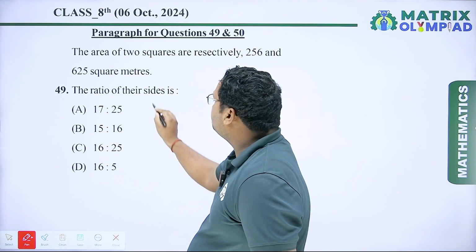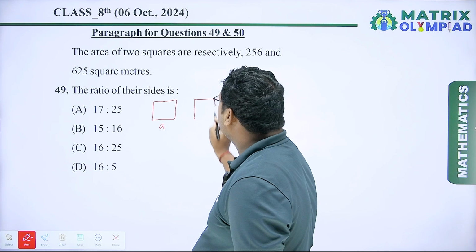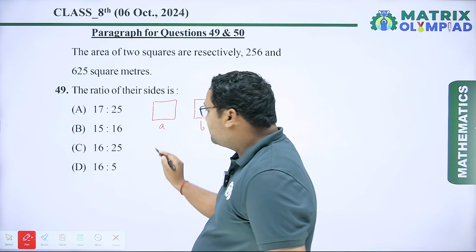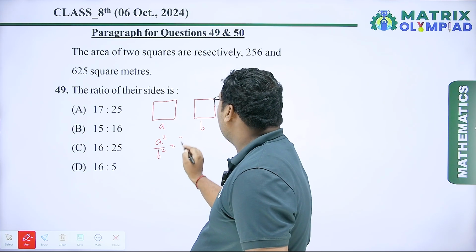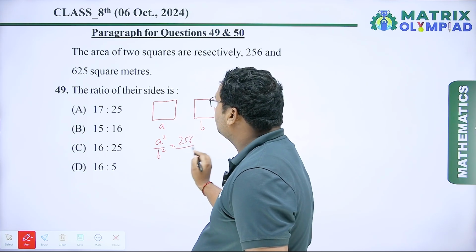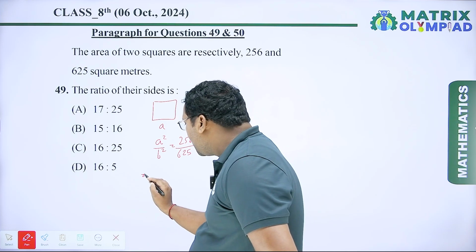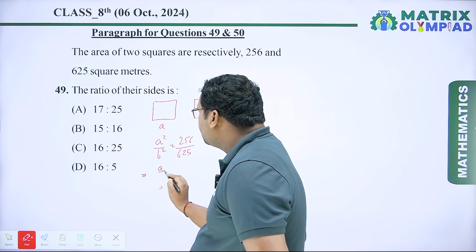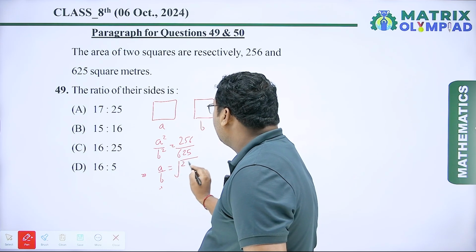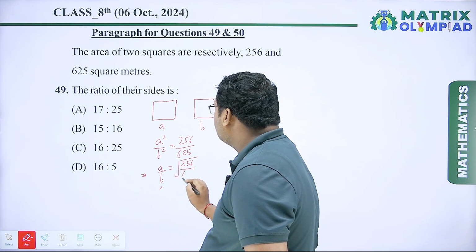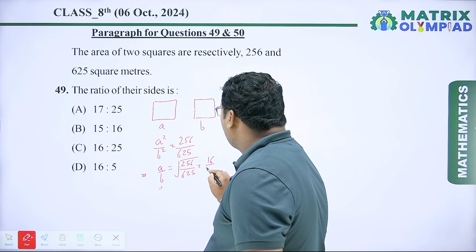So let's assume first square side is A and the second square side is B. It is given A square upon B square is equal to 256 upon 625. So let's calculate A upon B, the ratio of side. So A upon B equal to square root of 256 upon 625. So we will get 16 upon 25.